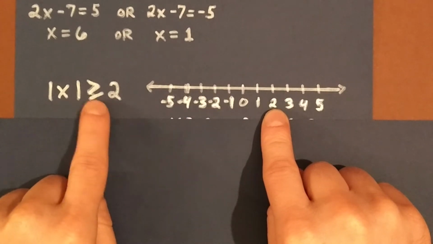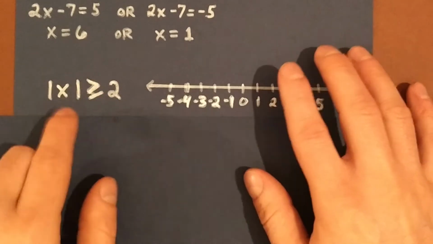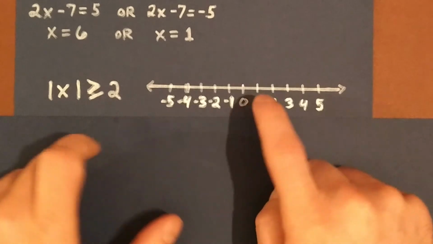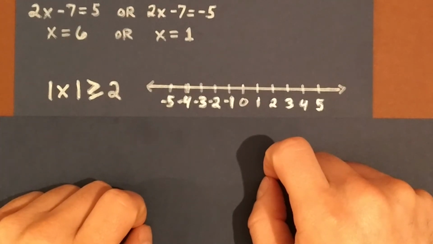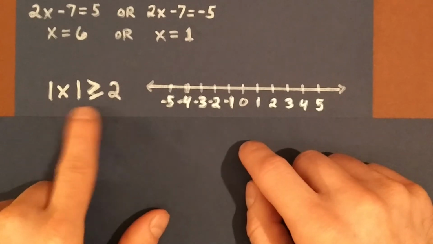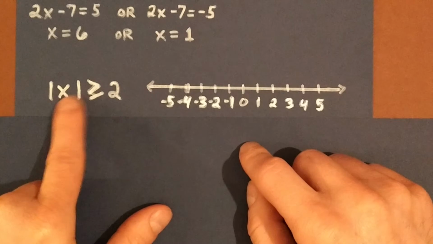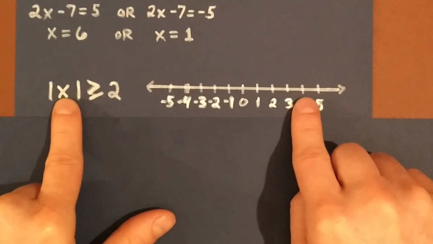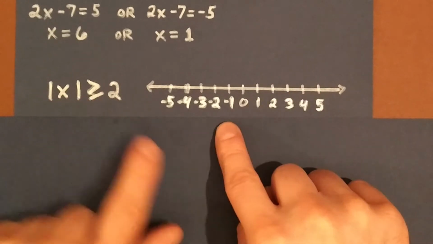What has an absolute value greater than 2? Well, we can think about it in terms of distance on the number line, or we can just think about it in terms of the definition and what we know. So we know, for example, that 3 has an absolute value of 3, which is greater than 2. So 3 would satisfy this, and similarly 4, 5, 6, they all have absolute values greater than 2.